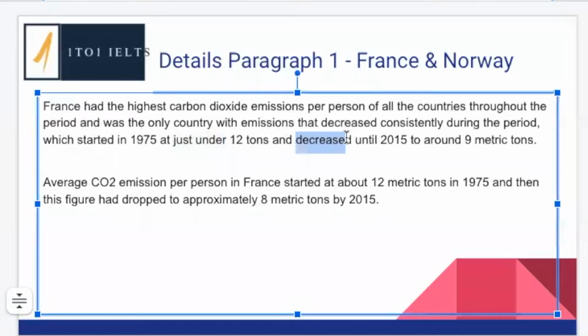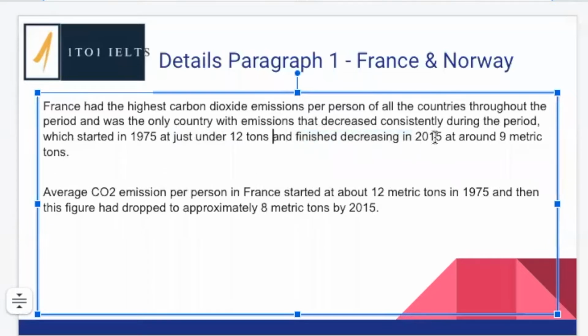If you increase or if you decrease, it's showing an action, and "to" indicates the end of the action. So either one of these would be fine. You could say it finished decreasing in 2015 at around 9 metric tons, or we could say it decreased until 2015 to 9 metric tons. So both of these options are fine.